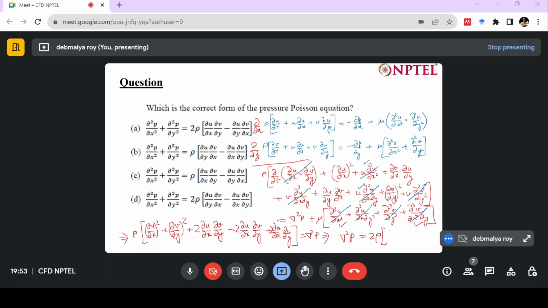So from here you can see this is del u del x del v del y minus del u del x minus del v del x del v. So this is the first equation.